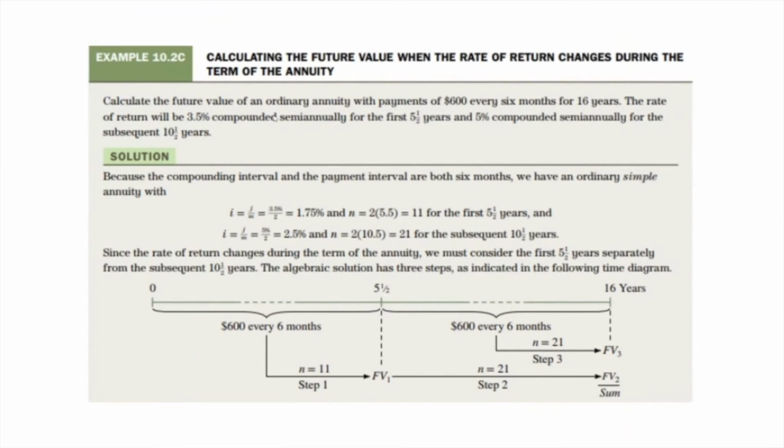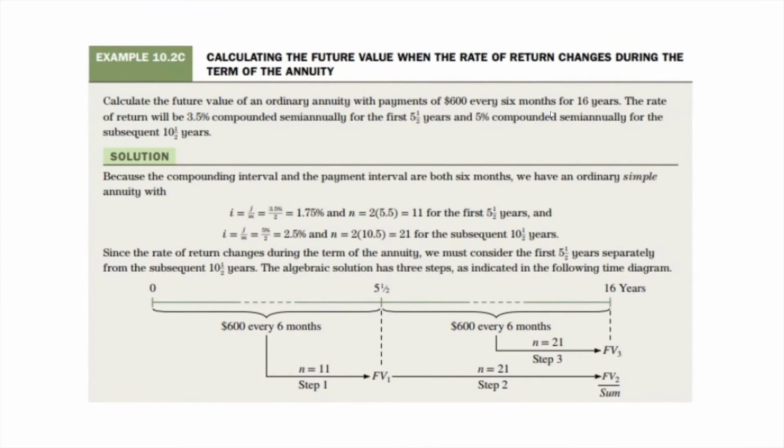So the total number of compounds for the first one is 11. So this is $600 and n is 11. That will bring us up 5.5 years. And then from 5.5 to 16 years, it switches to 5% compounded semi-annually. I've got to make sure I'm reading it right.